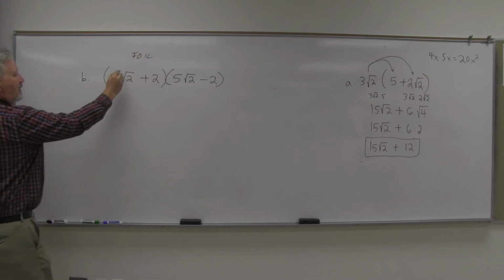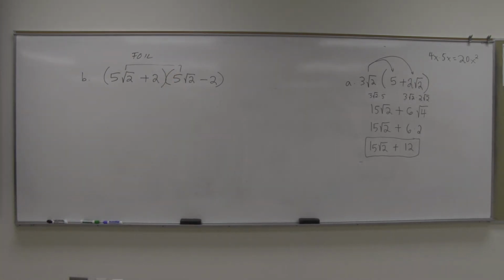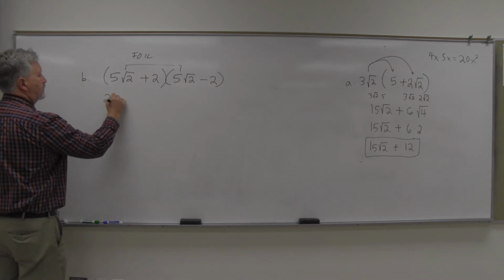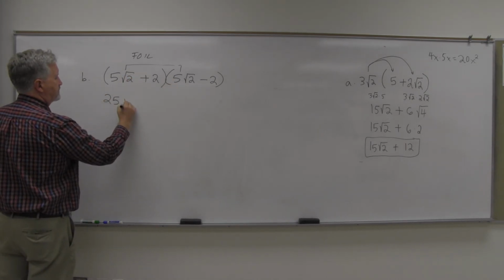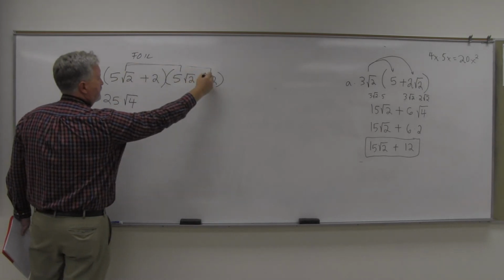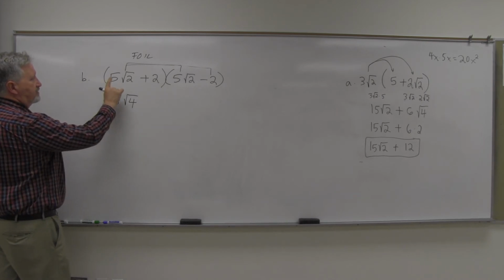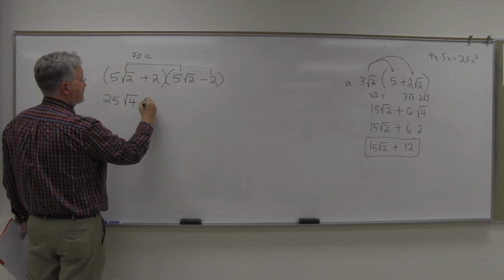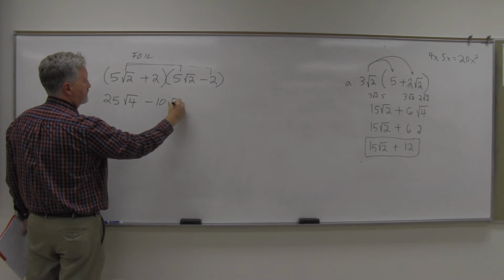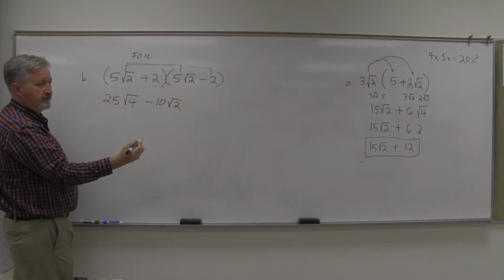So, 5 square root of 2 times 5 square root of 2. 5 times 5 is 25. Square root of 2 times square root of 2 is square root of 4. Then we do the outer. 5 square root of 2 times minus 2. So we've got a 5 and a minus 2, which is minus 10 to go with the square root of 2 there. So far so good?